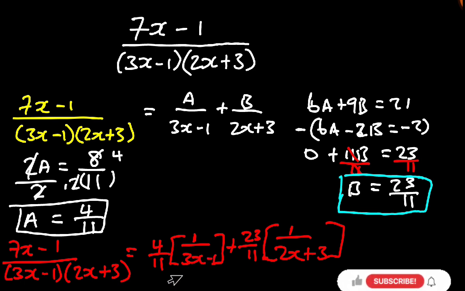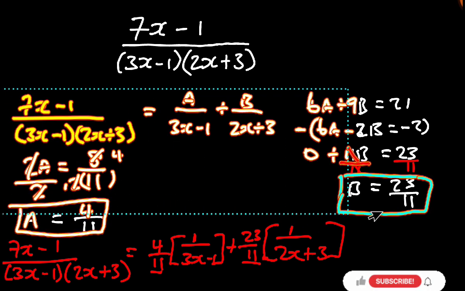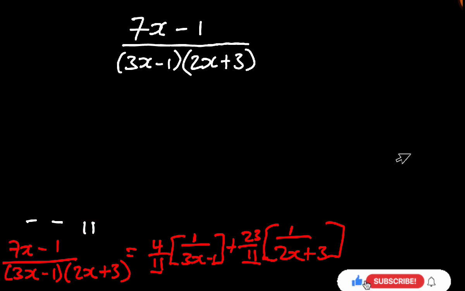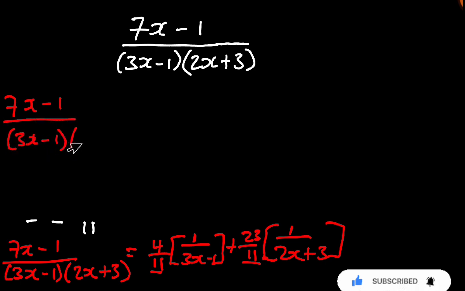If you don't want to leave it this way, you can factor out 1 over 11 here and 1 over 11 here and then combine them. Let me do that so that you understand it. Okay, so see what I mean. We have 7x minus 1 divided by 3x minus 1 multiplied by 2x plus 3.